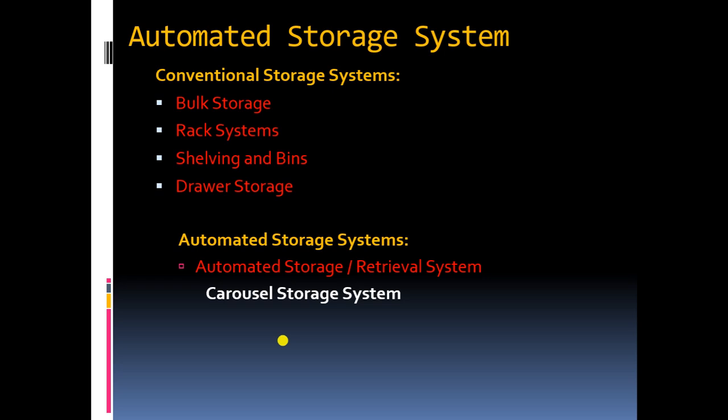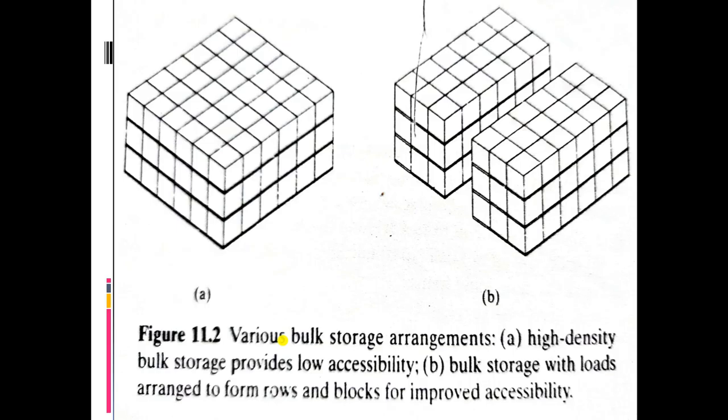Then the rack systems, shelving and bins and drawer storage. This we have discussed in the last session also, about rack systems and storage systems in short. In the case of automated storage and retrieval system, a carousel storage system is normally used. We'll see the things in short.